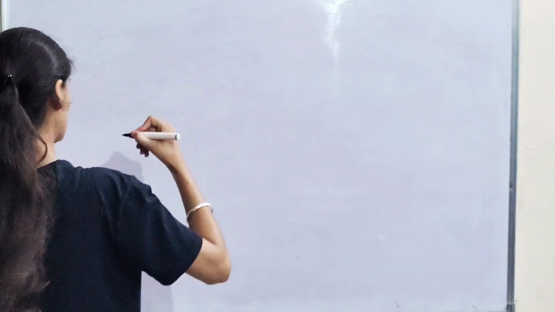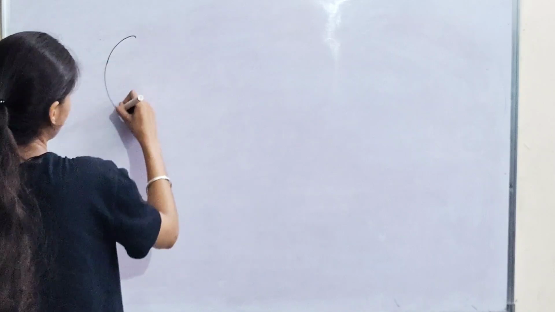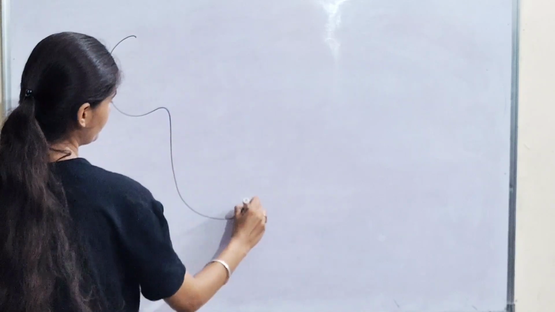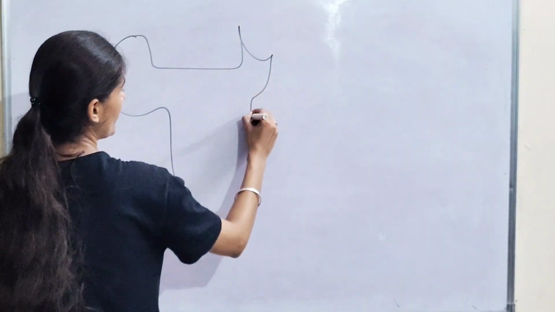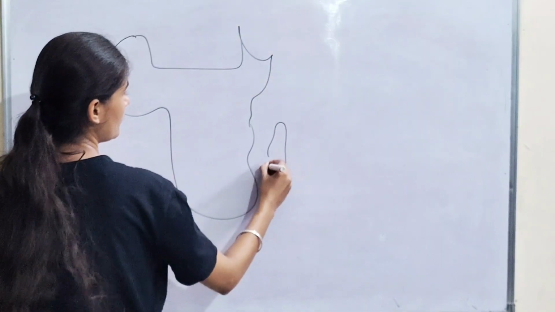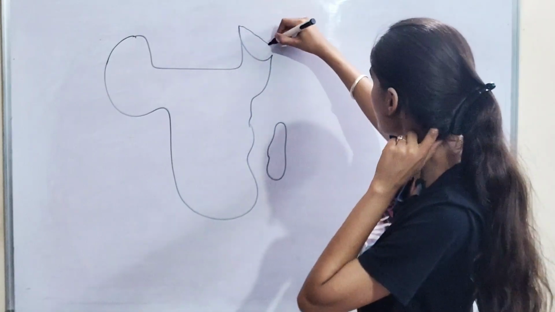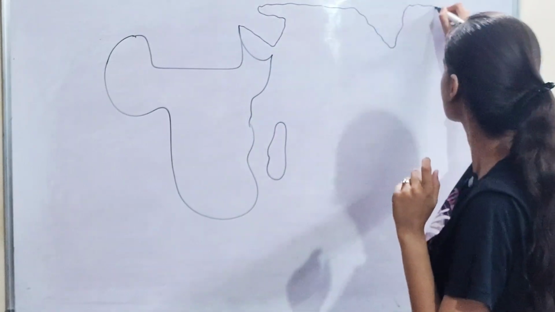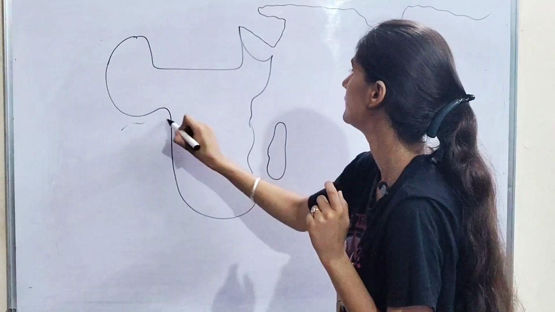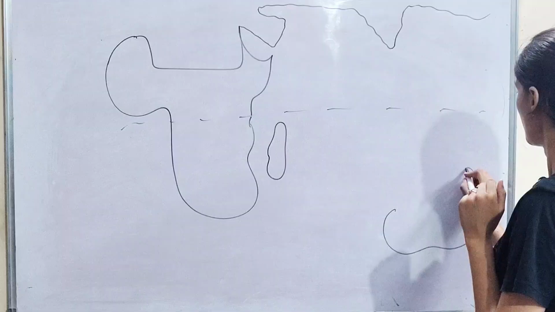So this is Africa, Madagascar. From here Asia starts. This is India. This is Australia.